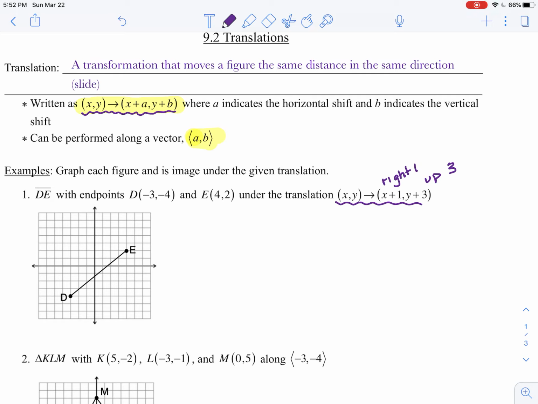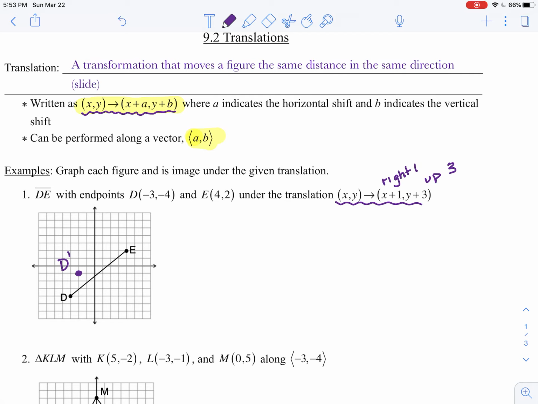So the first way to do this question is to count and use your graph to move each vertex up 3 and right 1. So if I use that method, point D can go to the right 1 space and up 1, 2, 3 spaces, so that D prime will end up here.